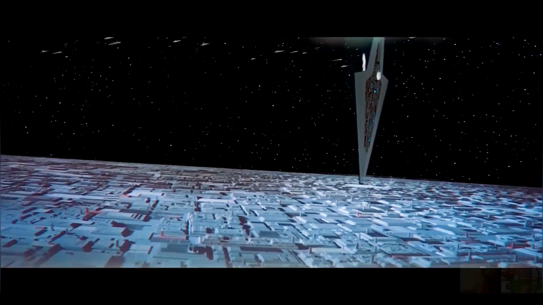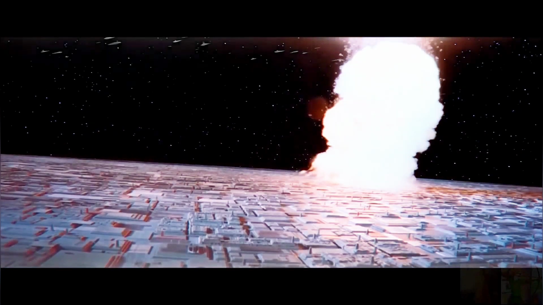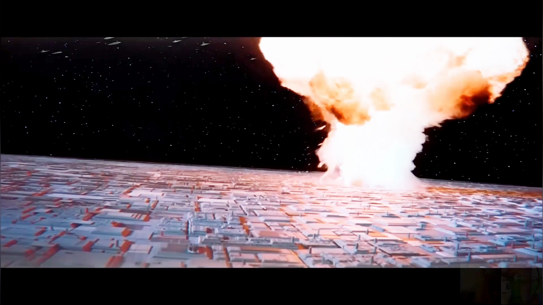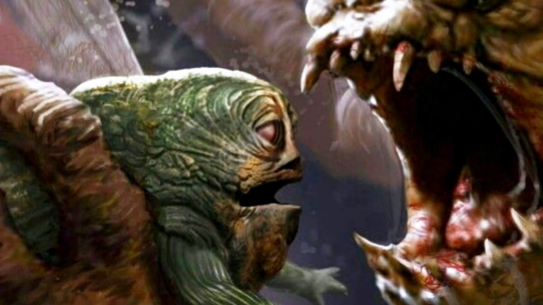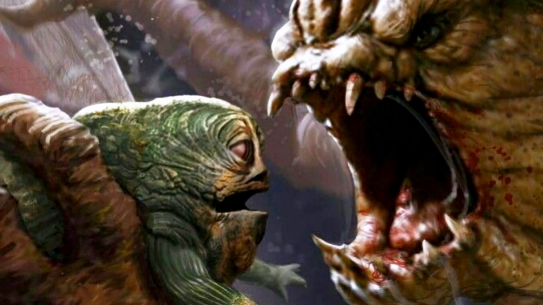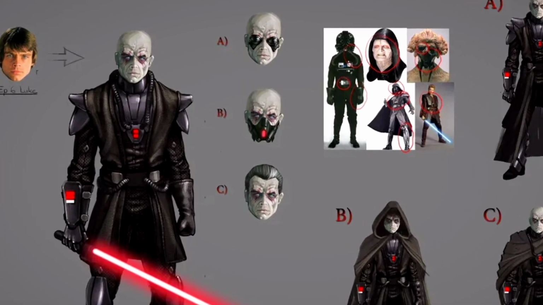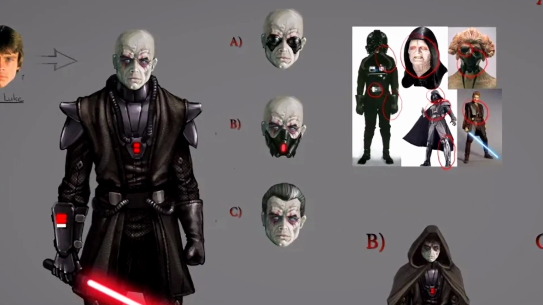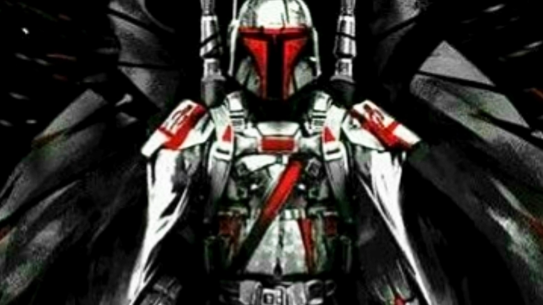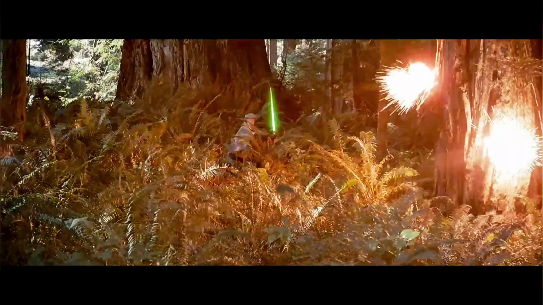But overall, there is a lot of different interesting things in these early scripts that I do think were pretty cool to look into, with some of them talking about Luke turning to the dark side, and then some of them focused more on Boba Fett, as well as Han Solo and some of those other characters.